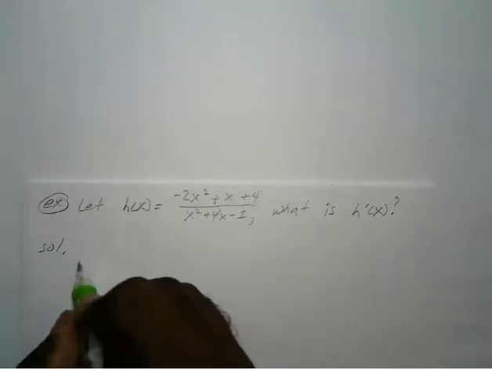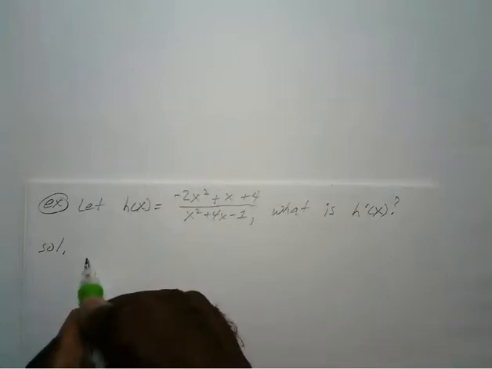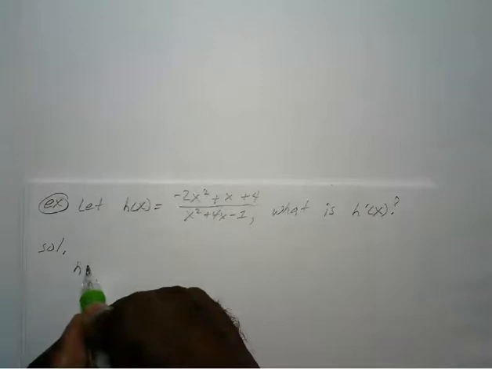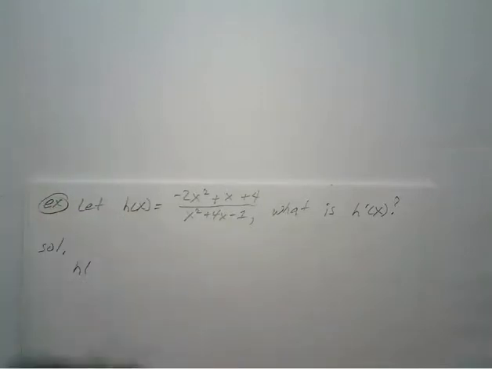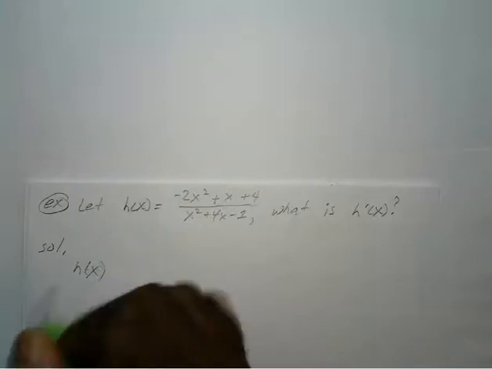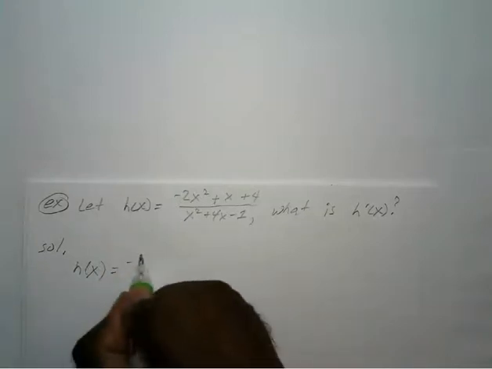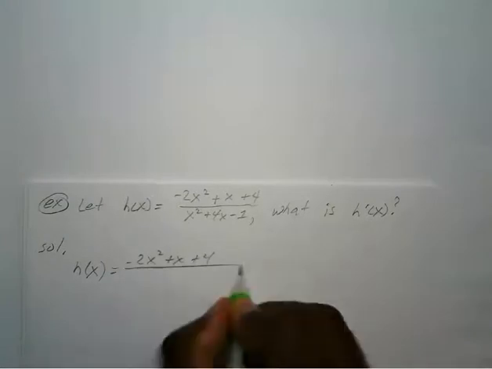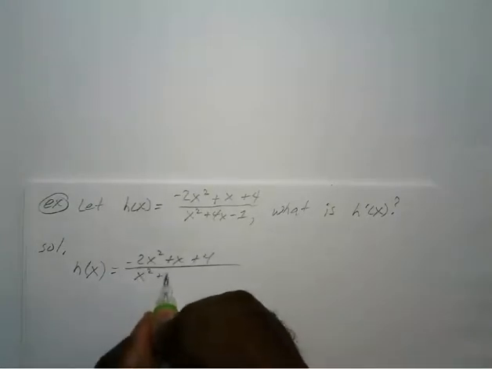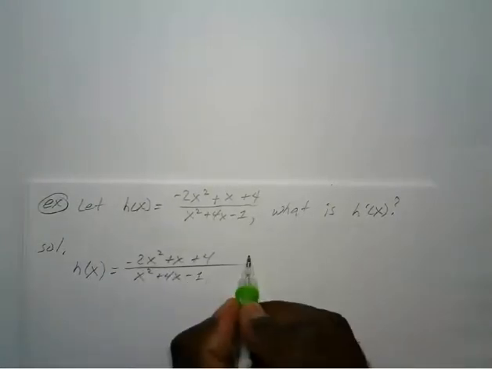I'll rewrite it first, to clear everything up: h of x equals negative 2x squared plus x plus 4 all over x squared plus 4x minus 1.